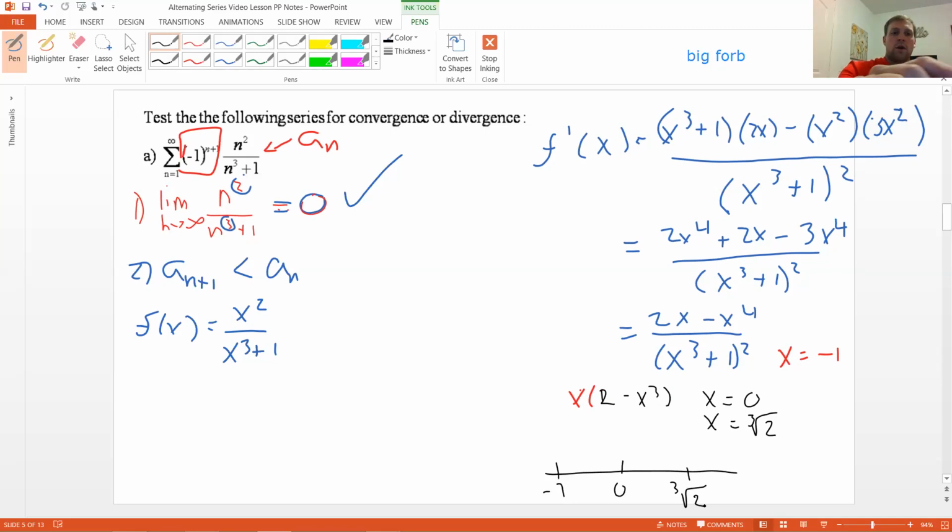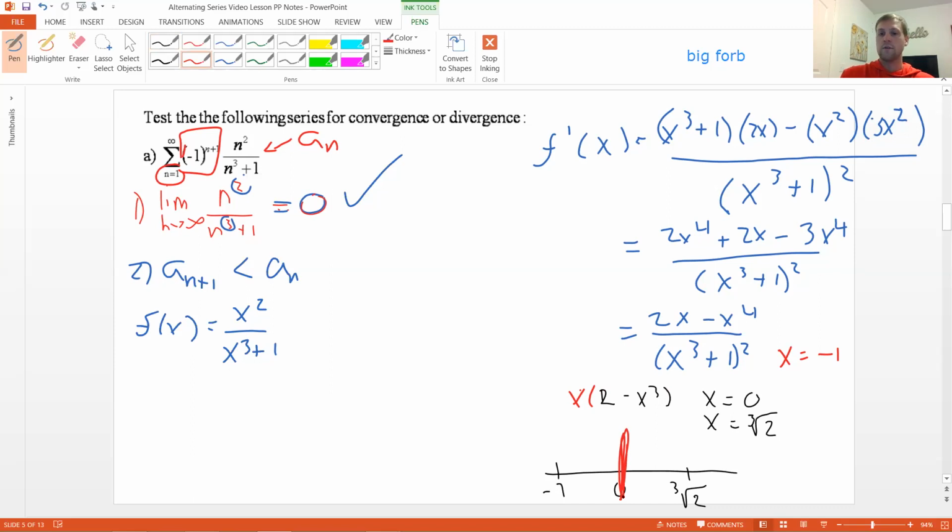All right, here's the thing though, we're talking about a sub n is greater than 0, so we're starting off really at 1, because that's where our series is starting. So really, I don't have to look at anything before 1. I'm just going to look at that interval. Okay, so the cube root of 2.